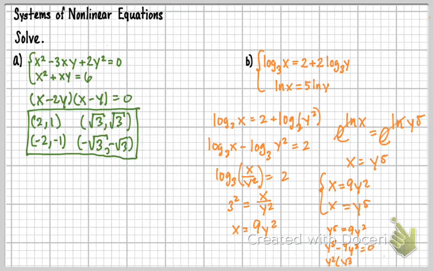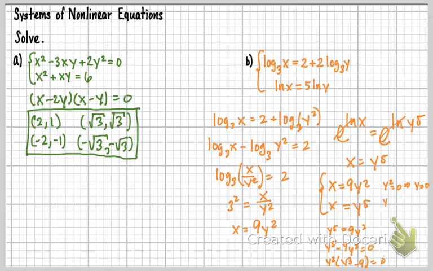So I'm going to end up with a y cubed minus 9 equals 0. So for my two equations here, I get y squared equals 0 for the first one, and that's going to result in y equaling 0. So that's my first result.